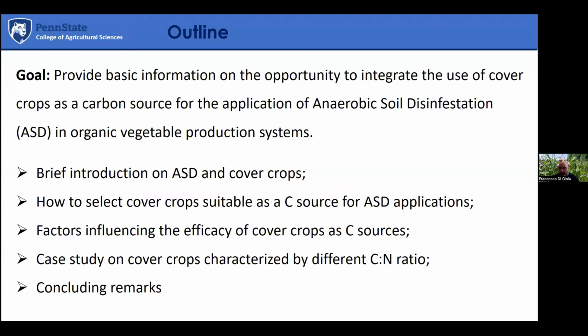Then my colleague, Kathleen Arrington, here from Penn State as well, will present a case study on cover crops characterized by different carbon-nitrogen ratios, a 2-year study that is almost complete. And then we will do some concluding remarks, and then we will start with the Q&A session.